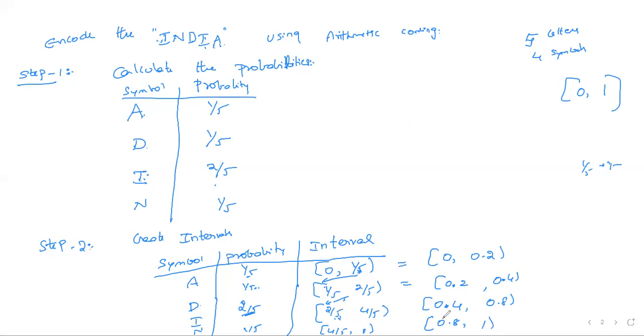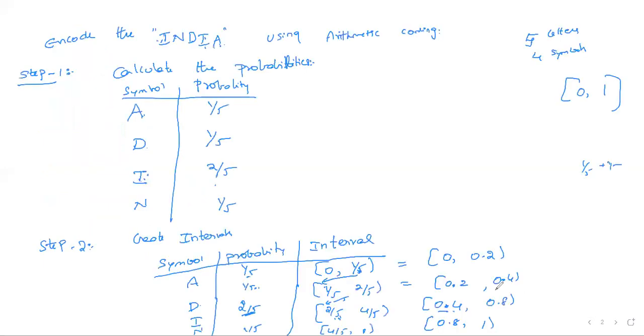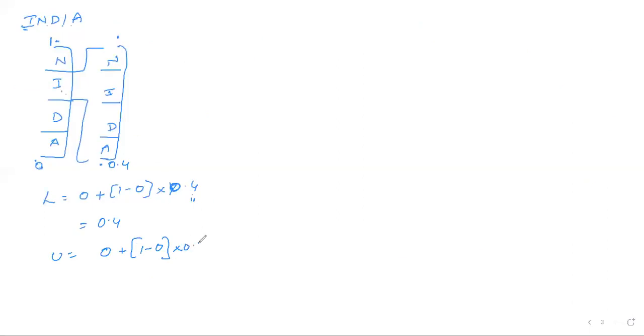So I lower interval is 0.4. Here we get 0.4. Upper interval is 0 plus 1 minus 0 into the symbol upper interval. So I upper interval is 0.8. Here we get 0.8.